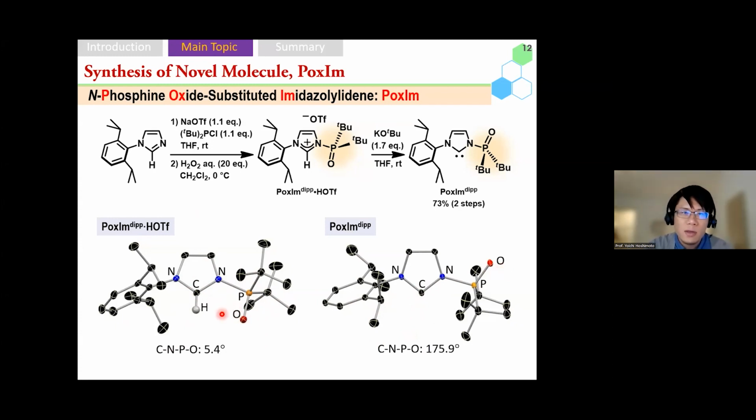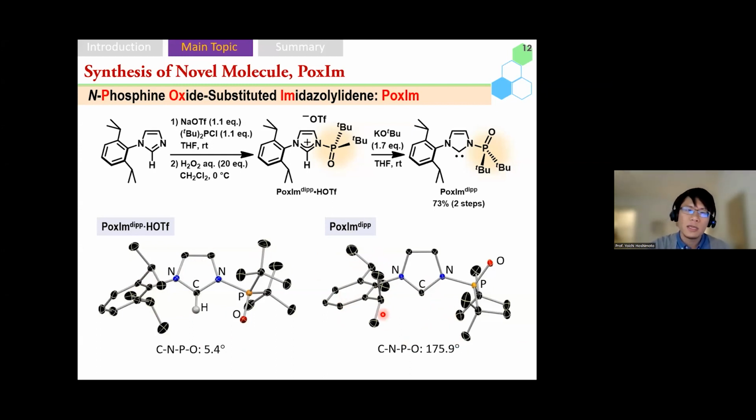So in this case, a more open, three-dimensionally open, wide reaction field exists around the carbene carbon, while in this case, a very limited, narrow field is available due to the large tert-butyl groups. Thus, the reaction field around this carbene carbon should be expanded or shrunk largely through the rotation of N-phosphine oxide.